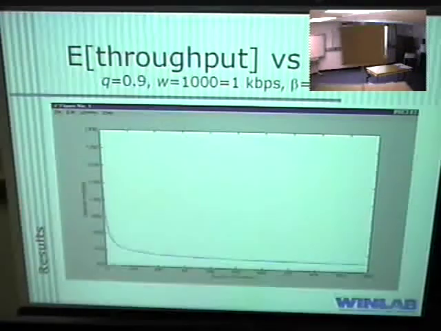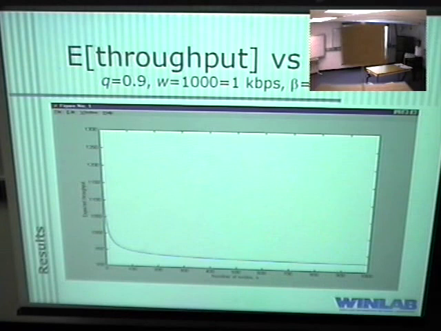This plot, for 0.9, starts from 900. So what does it mean to have a small number of nodes? Do the results for small numbers of nodes mean anything? When the number of nodes is small, that means the density is very low, so the interference will be much less.